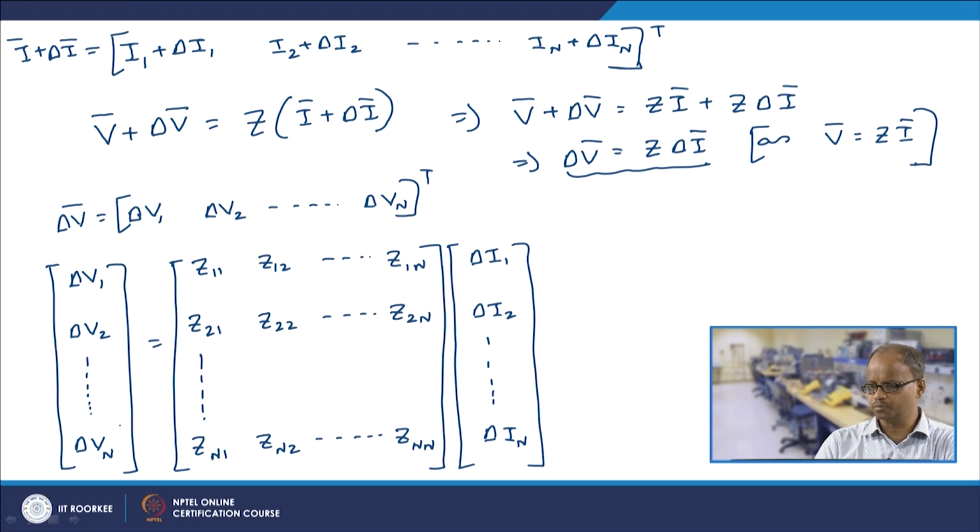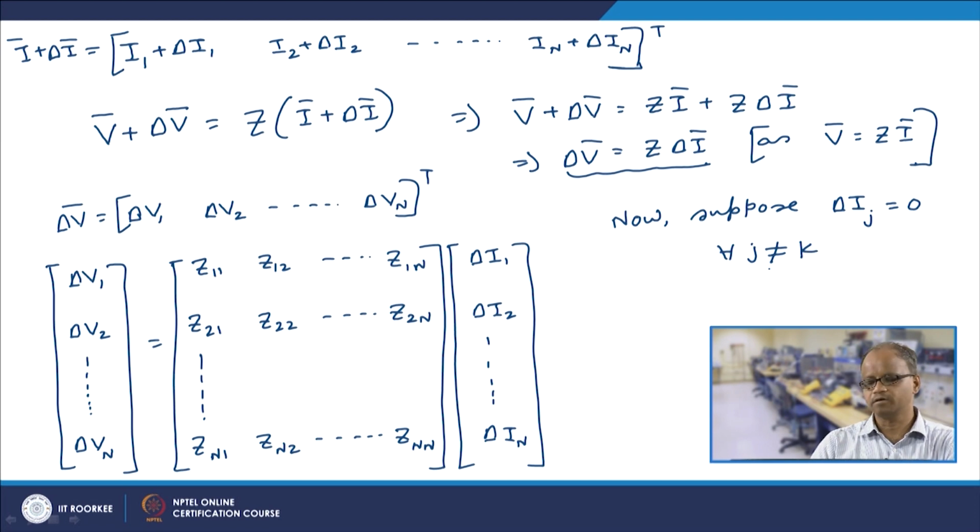So, that means delta I j is equal to 0 for all j not equal to k, where j is of course 1 to n, and it has some value at bus k, which is equal to delta I k. So, in that case, what will happen?